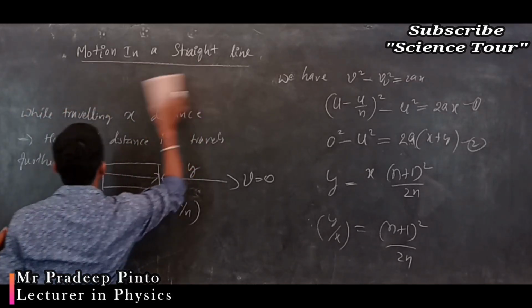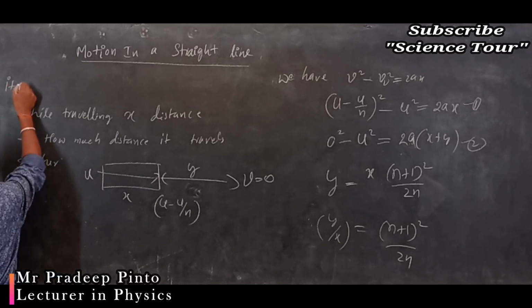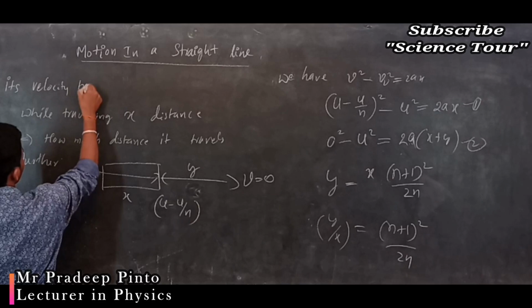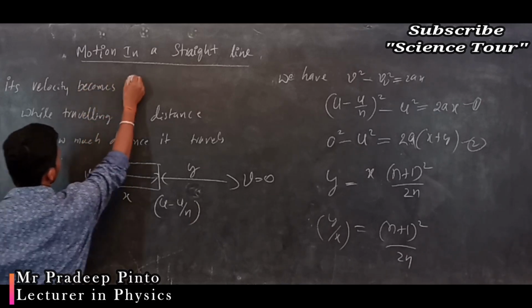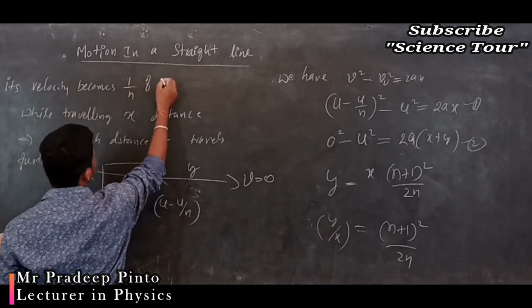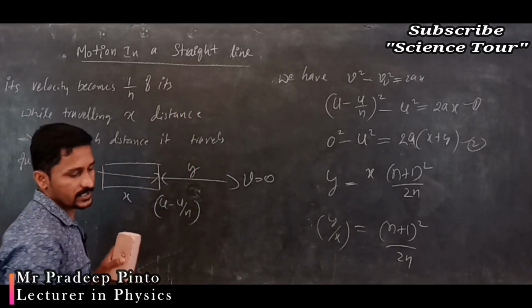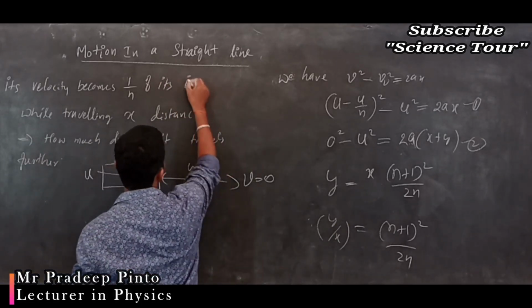Now again what happens, its velocity becomes 1 by n of its initial velocity.